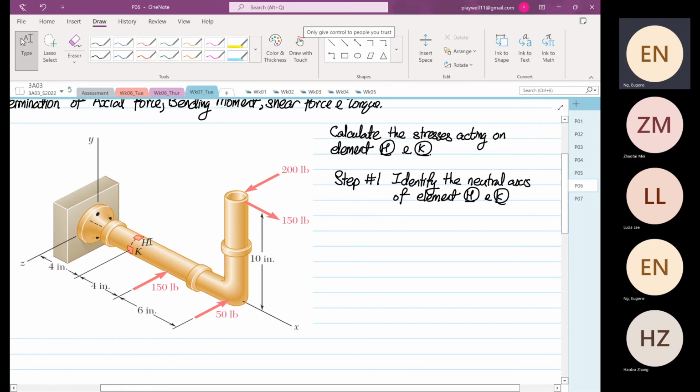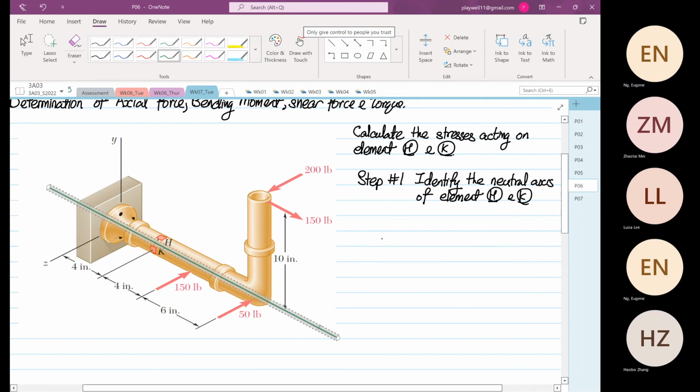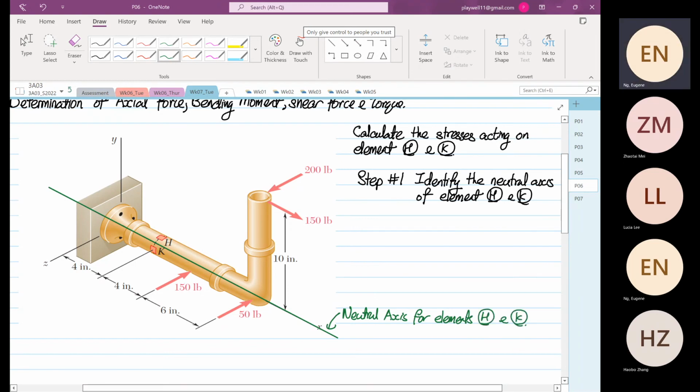We know that this is your element H and K. The neutral axis of just element H and K is down here. It is now just drawn, right? This is our neutral axis for element H and element K.